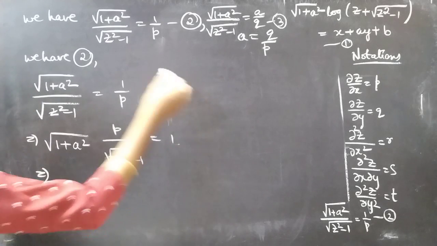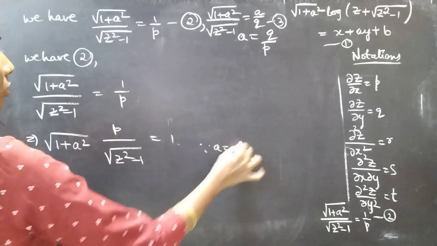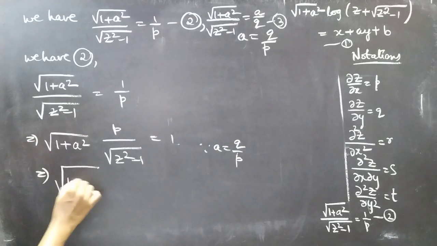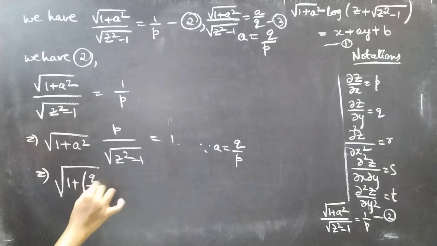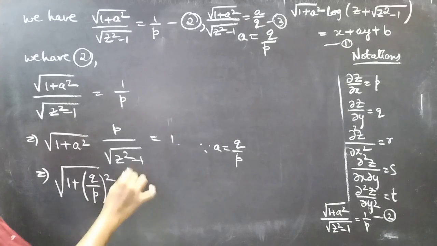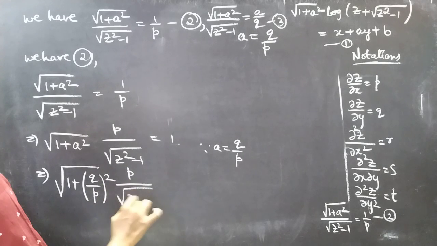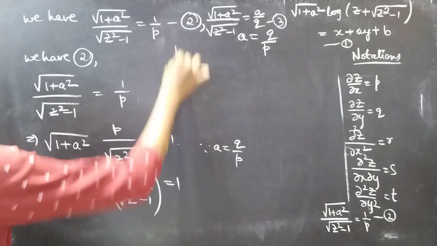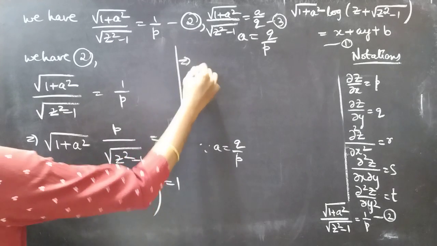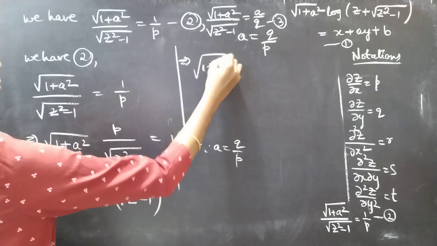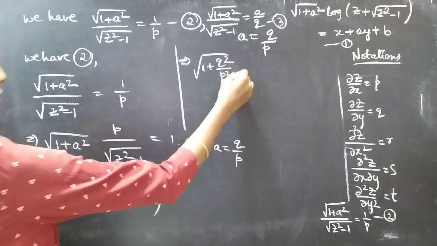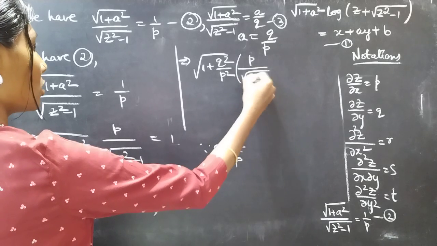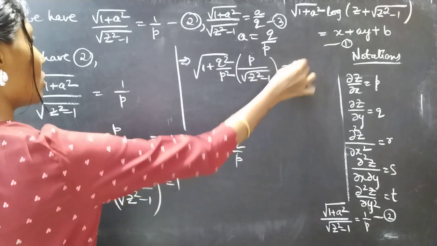Now substitute a equal to q by p, we'll get square root of 1 plus q by p whole square into p by square root of z square minus 1 equal to 1, which gives us square root of 1 plus q square by p square into p by square root of z square minus 1 equal to 1.